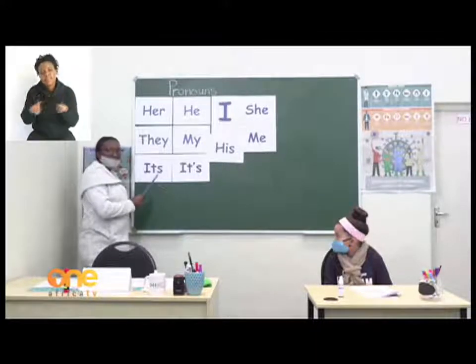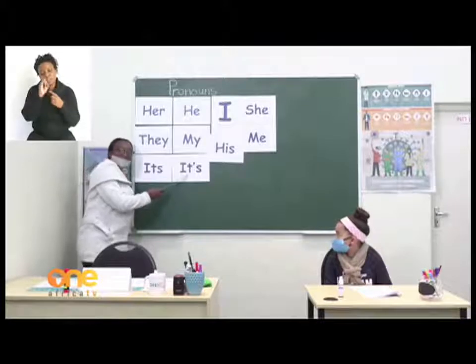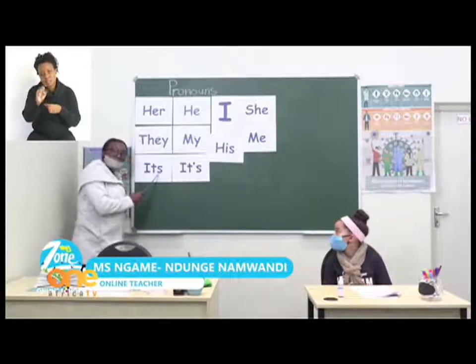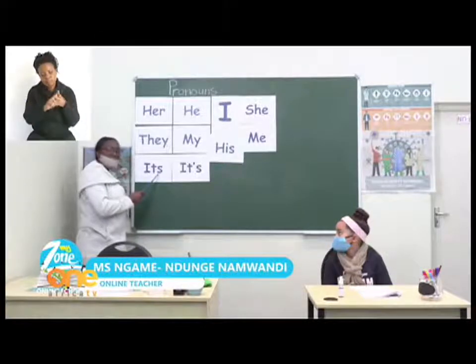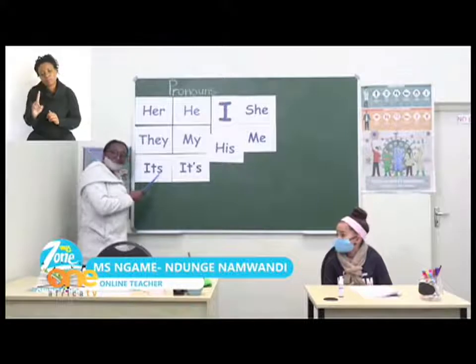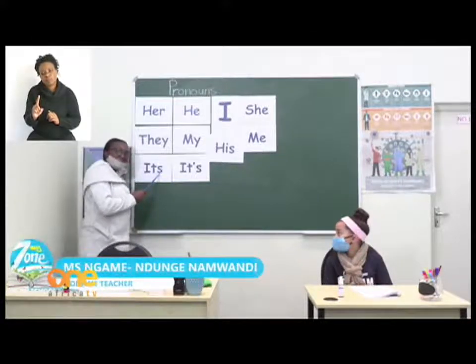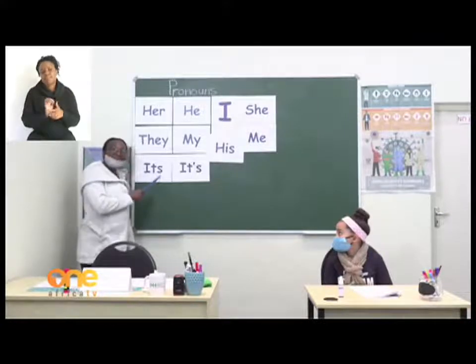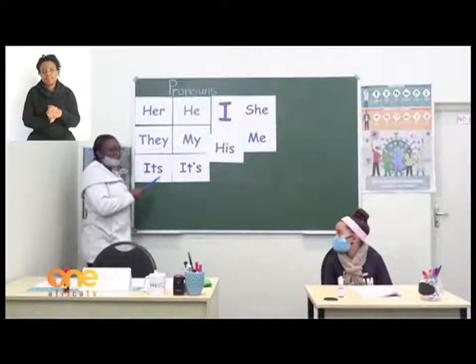It's without an apostrophe and it's with an apostrophe. It's without an apostrophe shows possession. What does that mean? It means that something belongs to a thing. For example, the cat is licking its tail, okay?